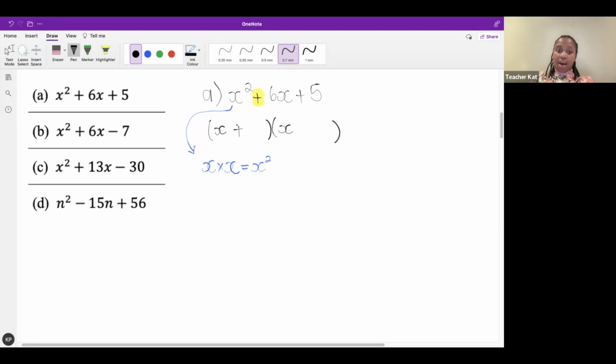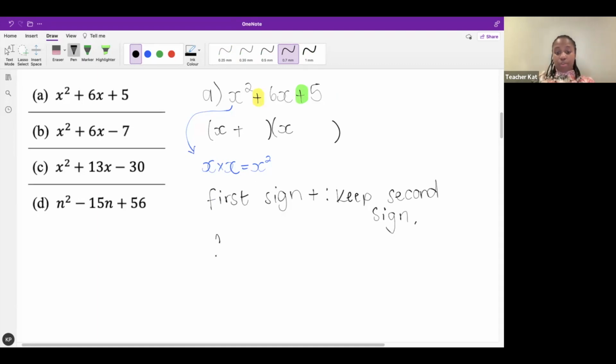That first symbol will tell you whether to keep or to change my second symbol. I know this sounds very complicated, but it really is very, very easy. Listen carefully. If your first sign is positive, this means you keep the second sign.